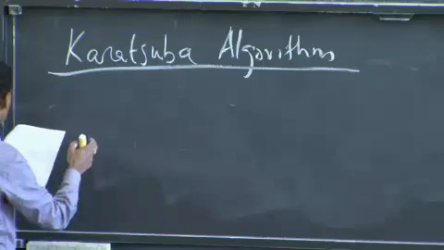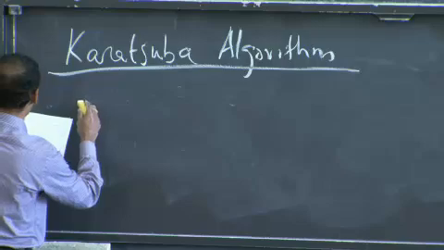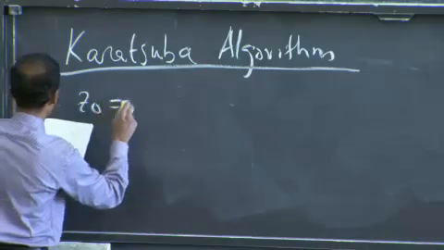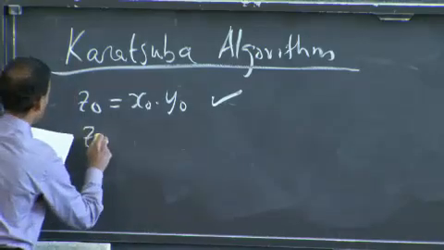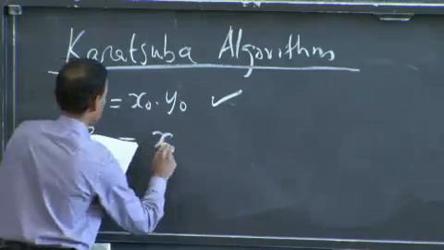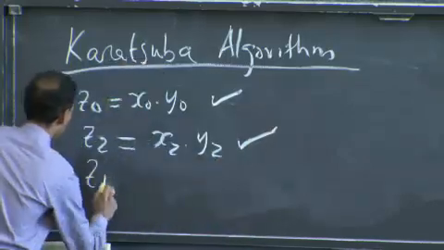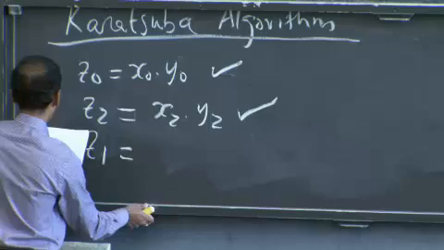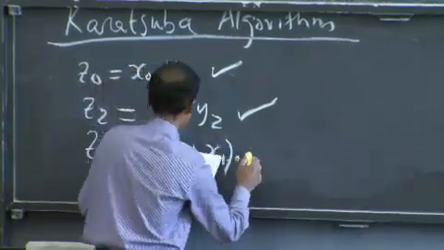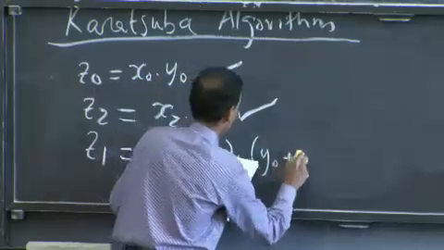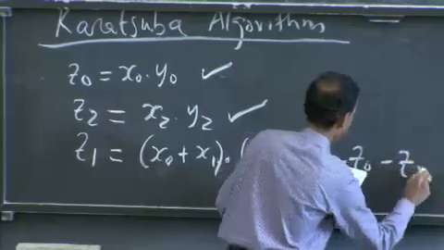And what happens here is, using the z's that I have out there, you essentially say, look, I know z0 equals x0 and y0, I'm going to go ahead and multiply. z2 equals x1 and y1, go ahead and do that. And now I'm going to write z1 as x0 plus x1 times y0 plus y1, minus z0 minus z2.